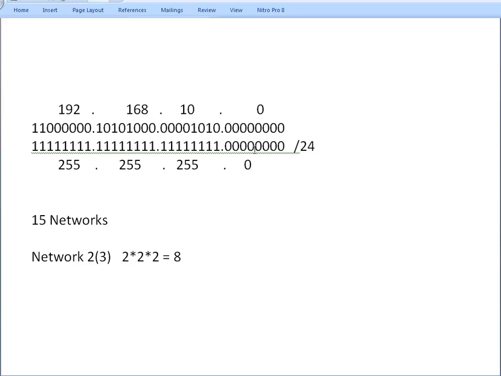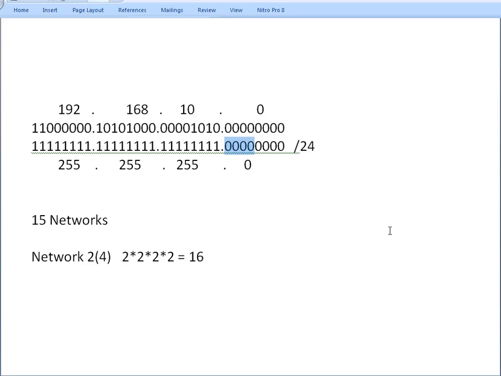That's not enough. If we borrow 4 bits, this formula will change to 4 here. 2 times 2 times 2, add 1 more 2, and this will be 16. Well, that's good. That's the closest. So we have to borrow 4 bits to create 15 networks. Well, in total we'll get 16 networks, but that's as close as we can get.